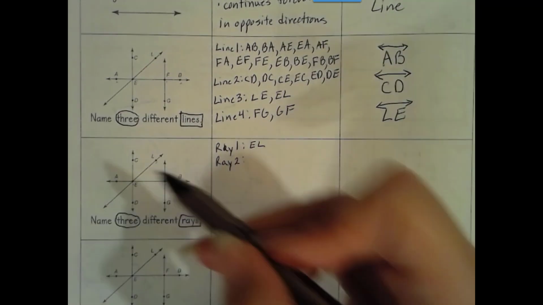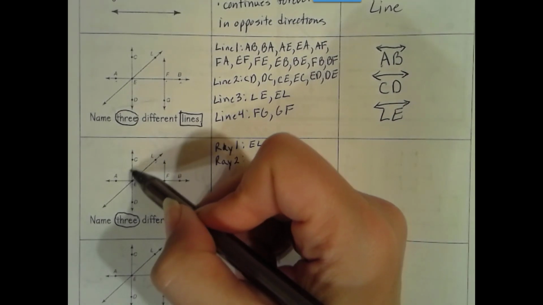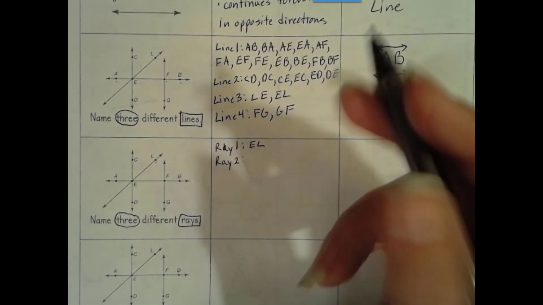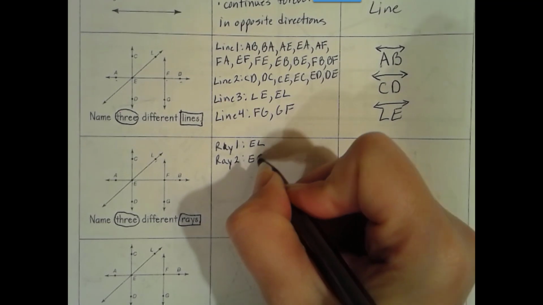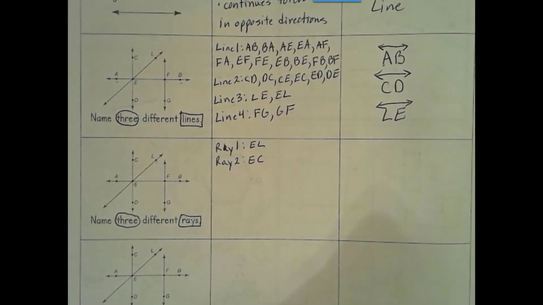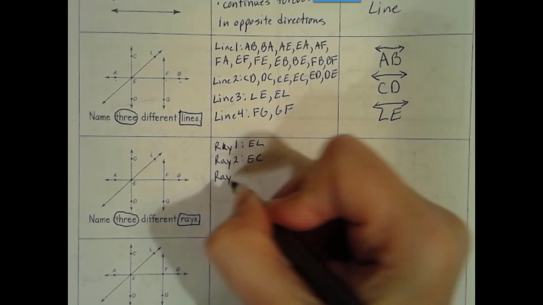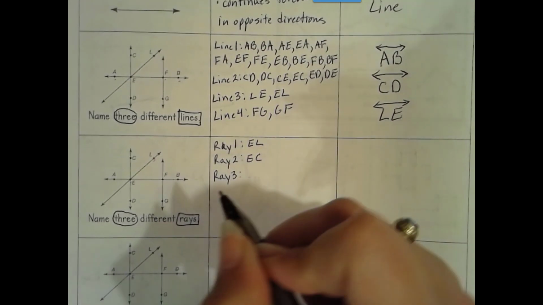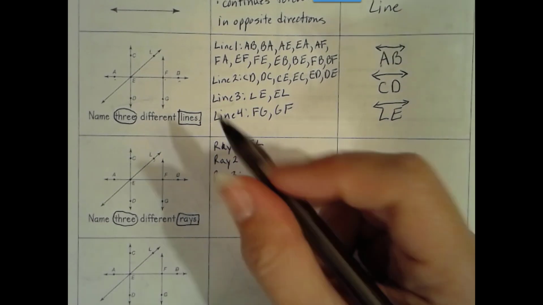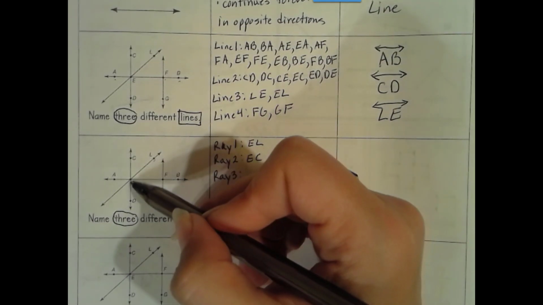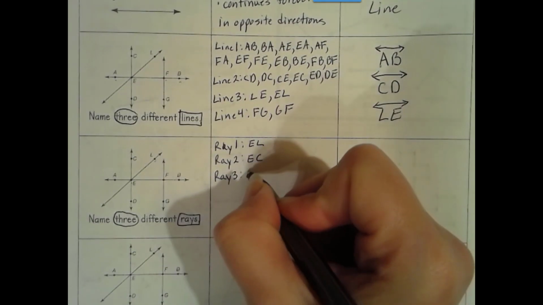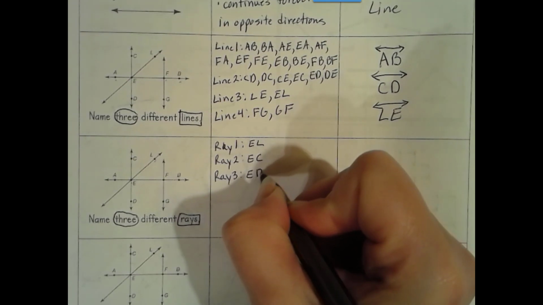I could have E as the endpoint, and continuing out forever this way would be then EC. Another ray could go from the endpoint E and down this way, would be ED.